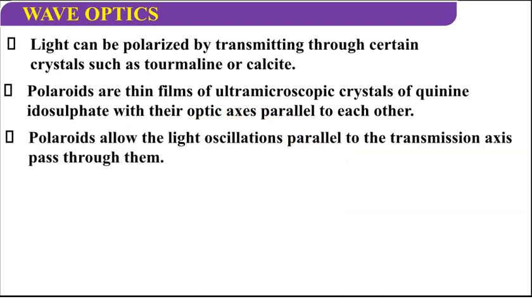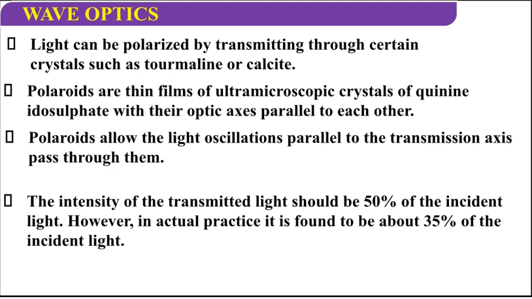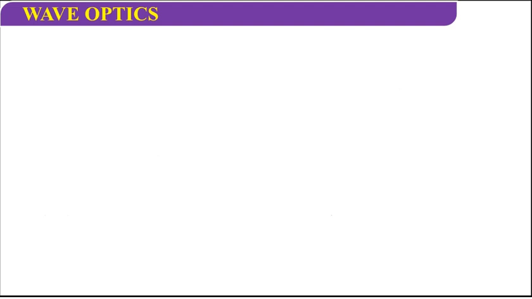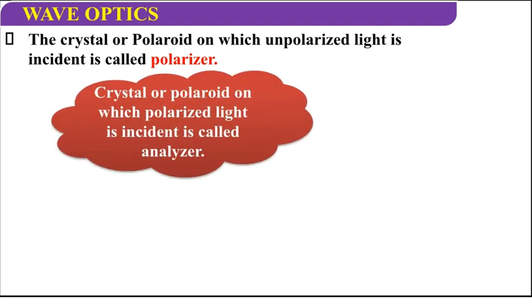Polaroids allow light oscillating parallel to the transmission axis to pass through them. The intensity of the transmitted light should be 50% of the incident light. However, in actual practice it is found to be about 35% of the incident light. The crystal or polaroid on which unpolarized light is incident is called the polarizer. The crystal or polaroid on which polarized light is incident is called the analyzer.